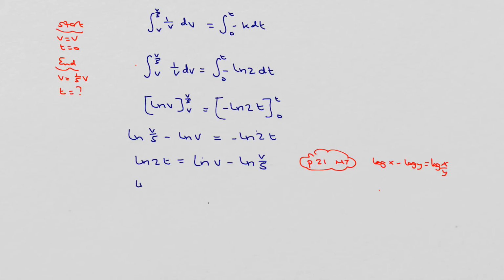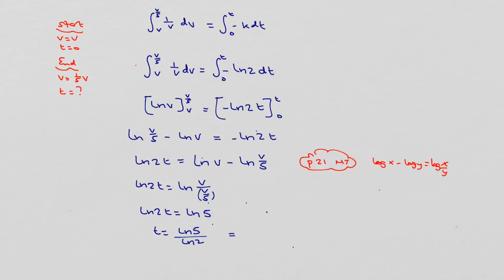And therefore that's natural log of 2t is equal to natural log of v over 5. And again, if I'm dividing by a fraction, I turn it upside down and multiply. So that just gives me natural log of 5. So therefore t will just be natural log of 5 divided by natural log of 2.